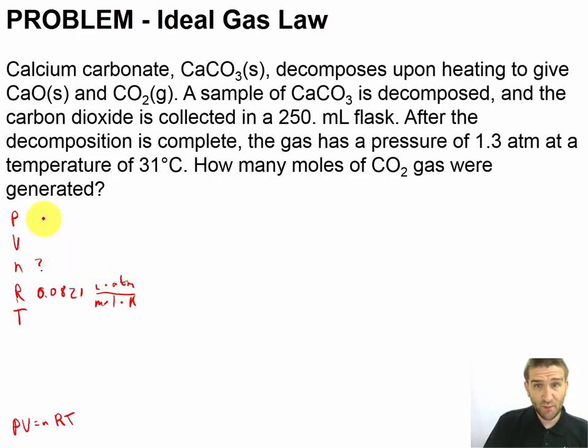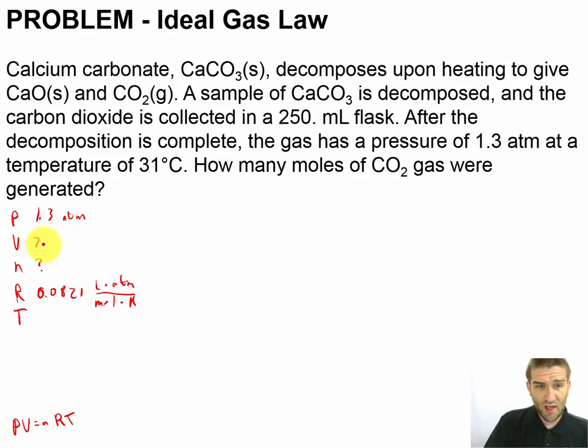Currently my pressure was given to me to be 1.3 atmospheres. So obviously I'm going to have to convert from atmosphere. Oh, no I don't. I'm already in atmospheres, so I'm in good shape there. Now volume, I'm obviously going to have to convert from 250 milliliters into liters. That one I will have to do.